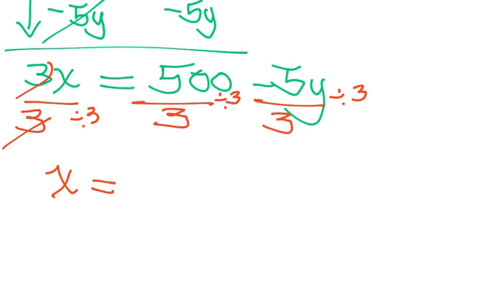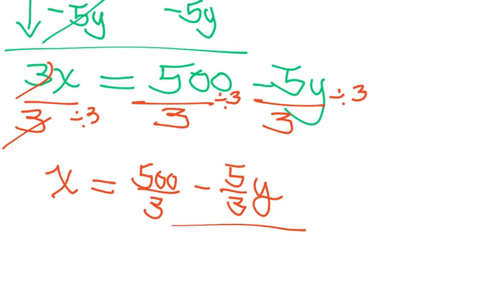That's what I'm doing. 3 divided by 3 gives me 1x. And if I took a calculator and divided 500 by 3, it says 166.66666666. So I'm basically going to be super duper lazy, ladies and gentlemen, and I'm going to leave it as 500 over 3, because I don't want to write all those decimals, minus 5 over 3y, just like that.